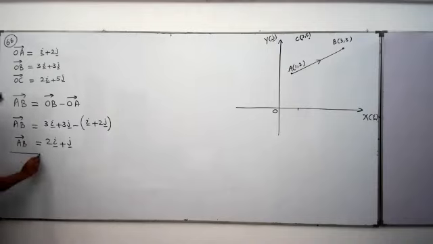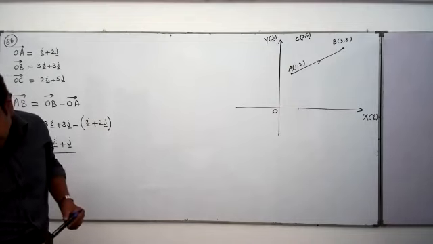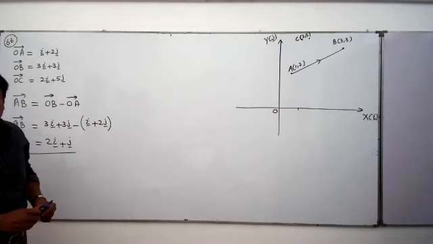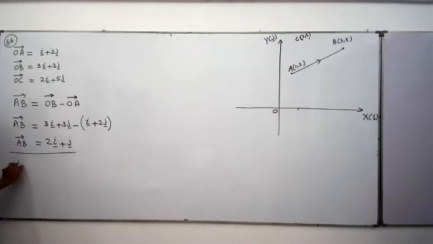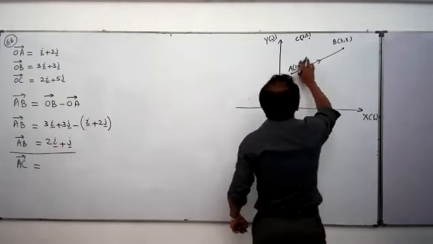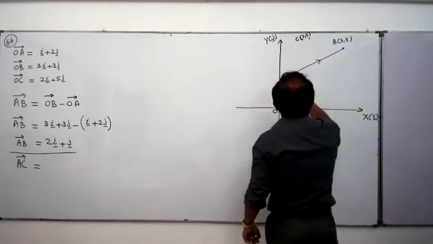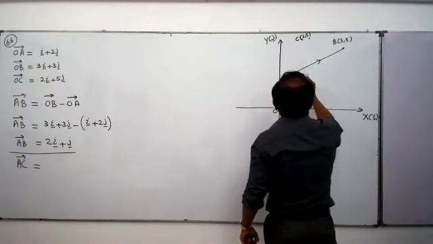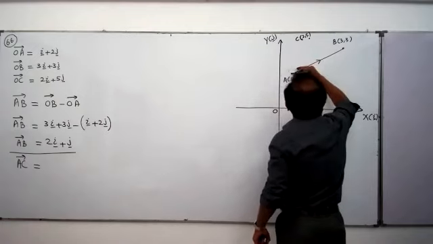Right. What is secondly asking? It's asking AC vector, right? AC vector. AC vector means the vector from A to C, this vector asking, right?